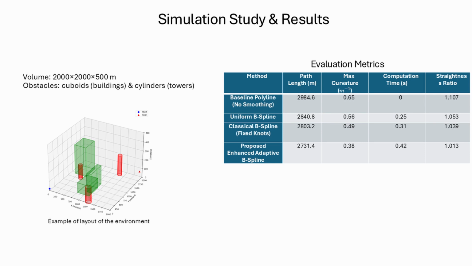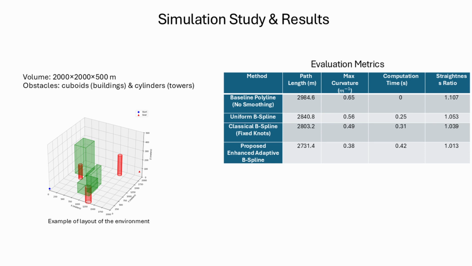Computation time. This is the cost of the algorithm and determines its feasibility for near real-time replanning. And the straightness ratio. This tells us how efficient the path is. A value of 1 is a perfect straight line from start to finish. The closer to 1, the less the path had to deviate.